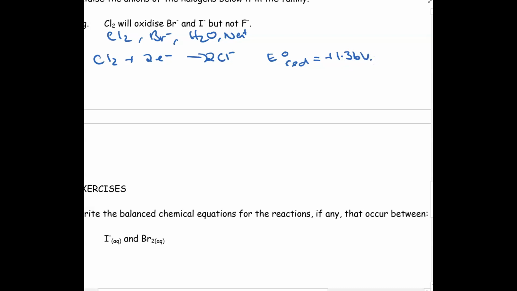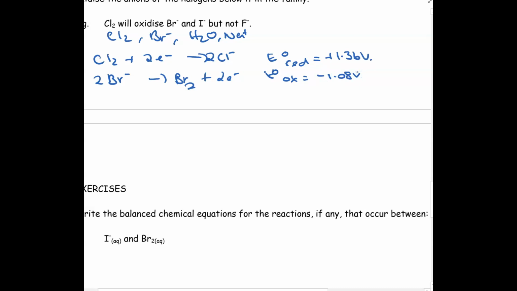Now when I've got the bromide ions, I start with my finger on the right hand side and move upwards, and I find that bromide ions, 2 bromide ions goes to bromine plus 2 electrons. E0 for oxidation is negative 1.08 volts.